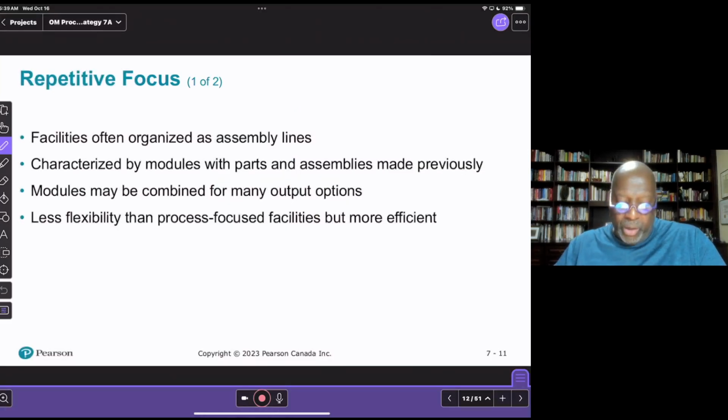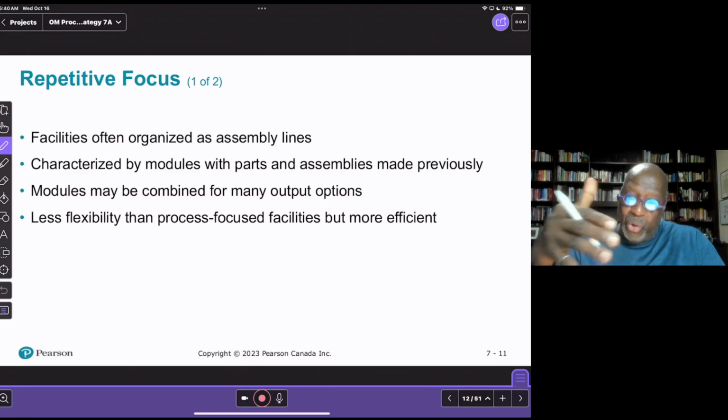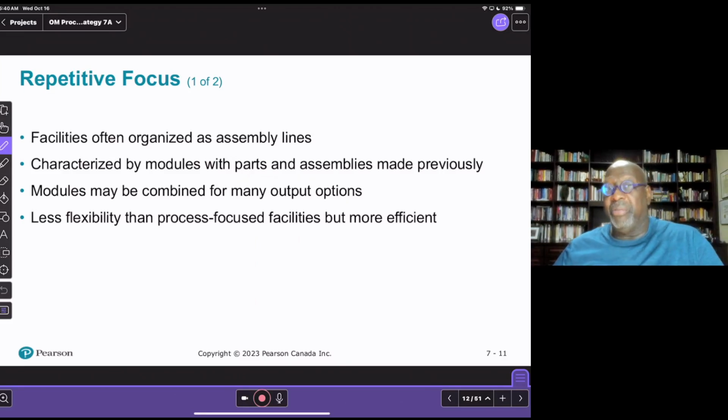Repetitive focus, often organized as assembly lines. If you're producing an automobile, for example, you will see an assembly line where the car is going along the line, but then the parts or the components are being assembled on it. Now, of course, you have to give people time to assemble the windshield, the wheels, the rotors, etc. And so therefore it takes time.